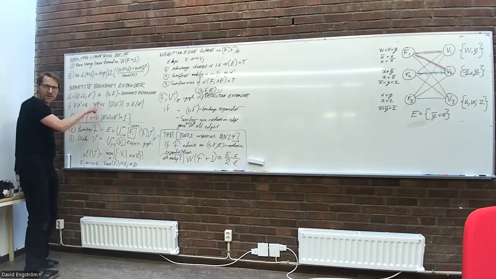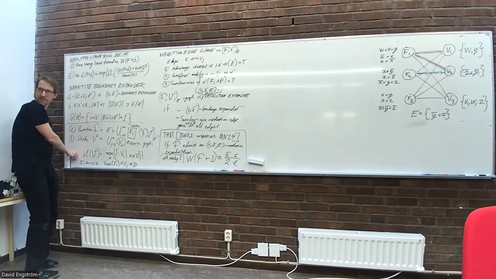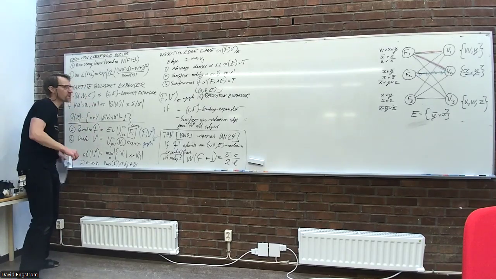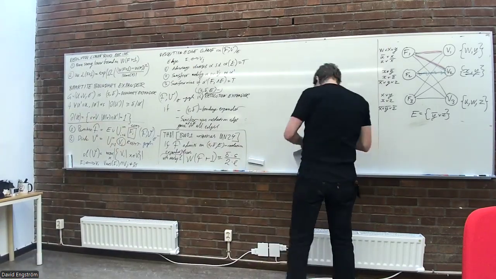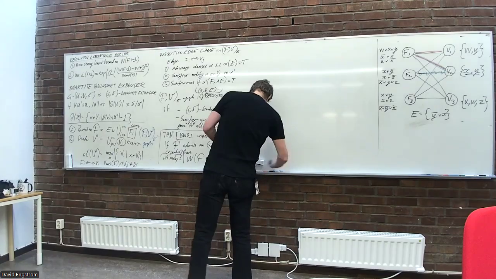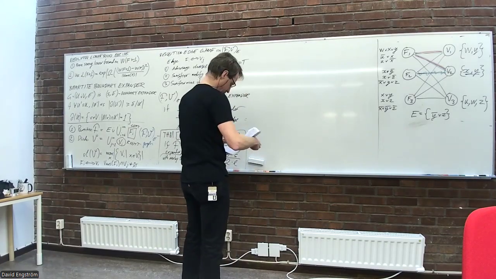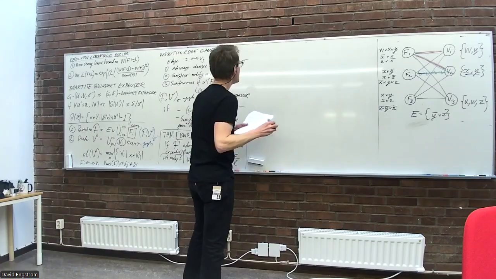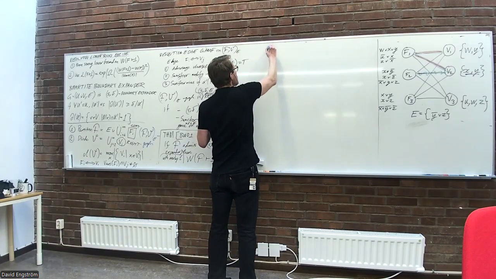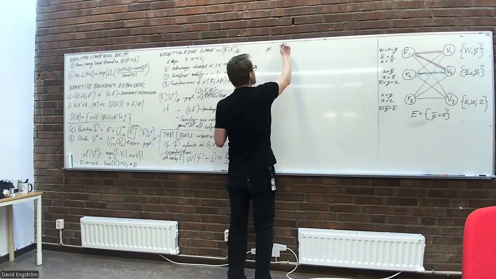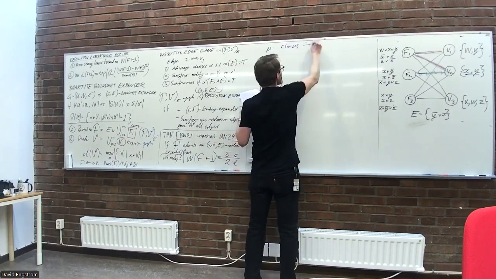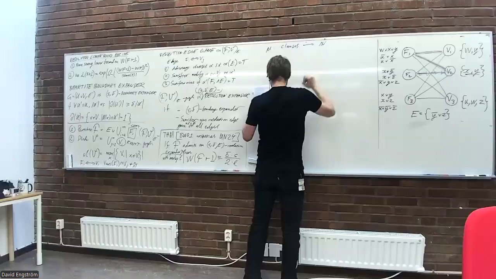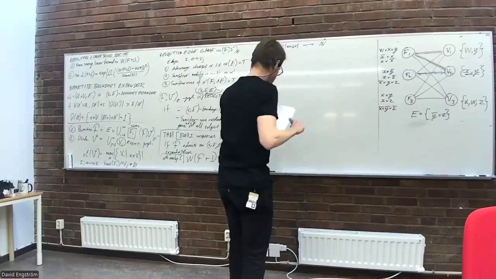Do you remember this structure thingy? Maybe let me start over here. I'm going to define a progress measure mu from all clauses mapped to the natural numbers.